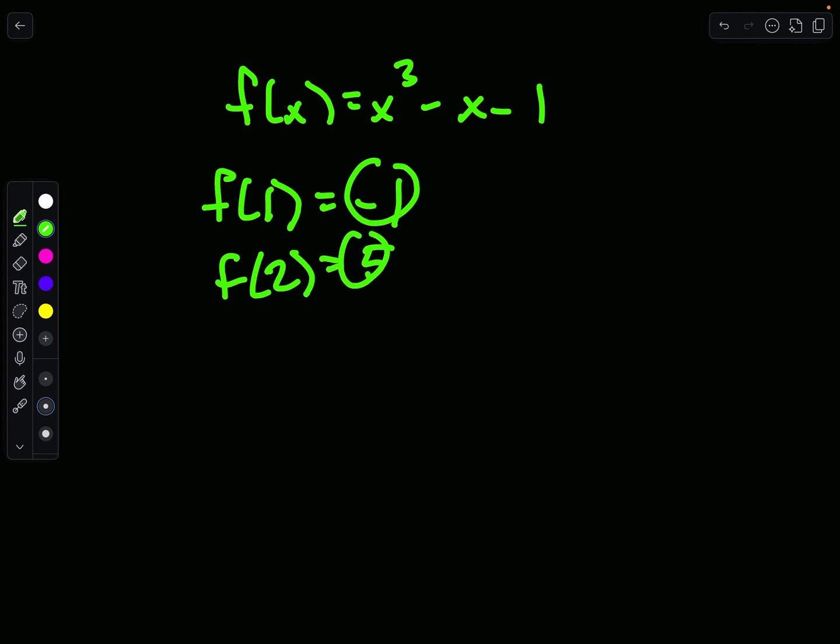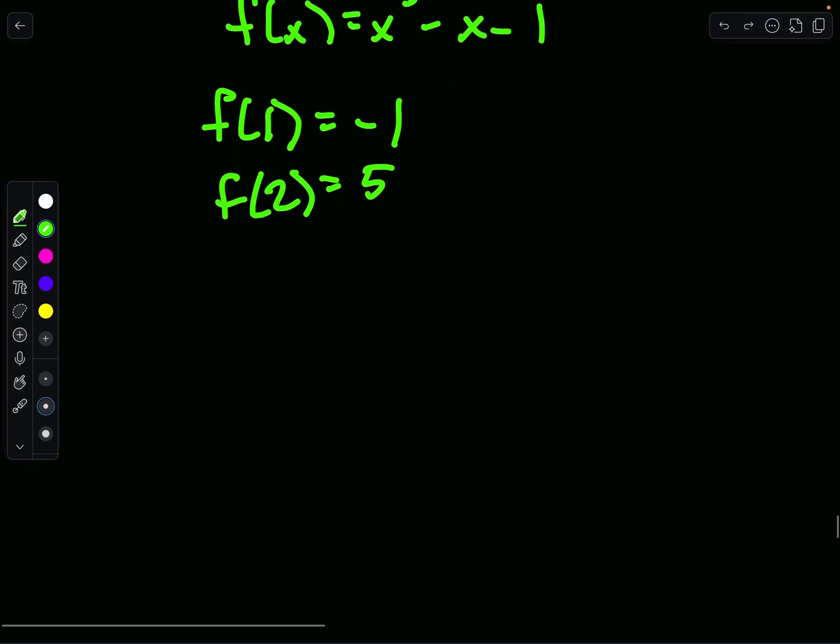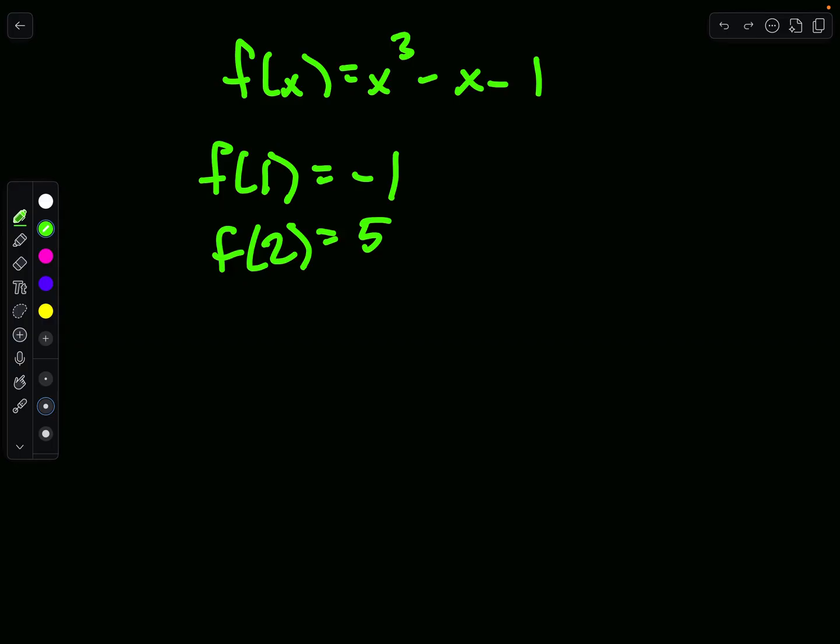It goes from negative to positive. Now what does this mean? This means that there must be some number between 1 and 2 where f(x) equals 0. This guarantees that there exists a point between 1 and 2 such that f(x) has a root at that point. It doesn't actually give you the location, but it tells you that it exists.